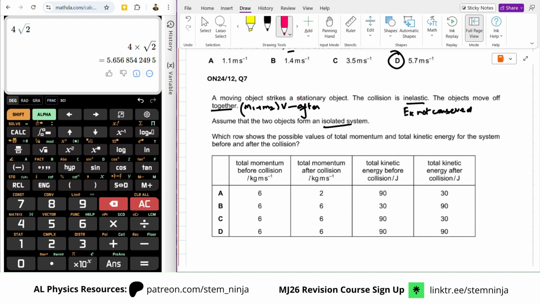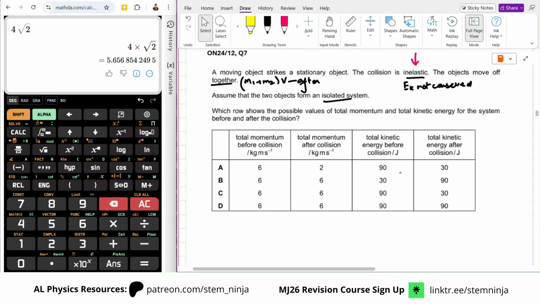Okay, so first off, if the collision is inelastic, kinetic energy is not conserved, so we need to see which one is possible. So before and after, obviously after cannot be greater. Since this is inelastic, the same kinetic energy option is discarded, and 30-90 will be discarded because after collision energy cannot increase.